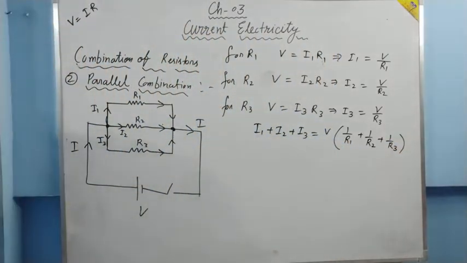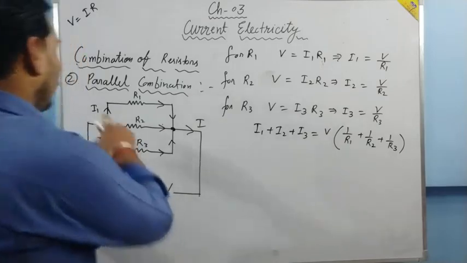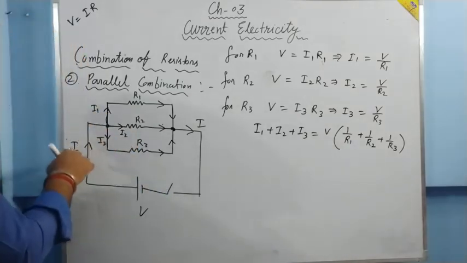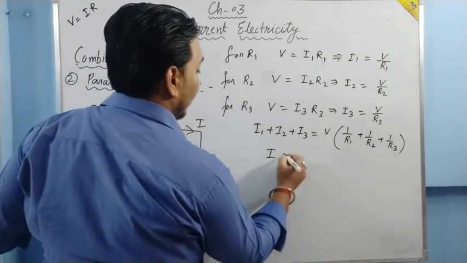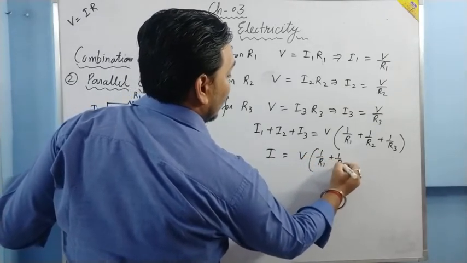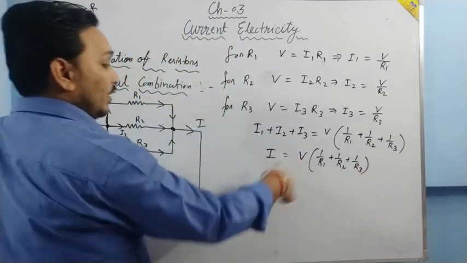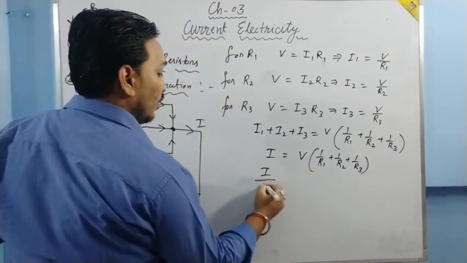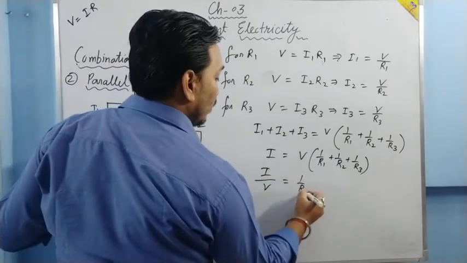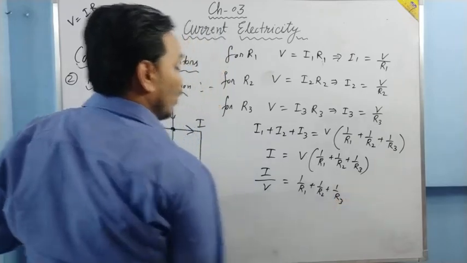These three currents sum up to the net current, capital I, equal to V in bracket 1 upon R1 plus 1 upon R2 plus 1 upon R3. Now V is transferred to this side, so I upon V is equal to 1 upon R1 plus 1 upon R2 plus 1 upon R3.